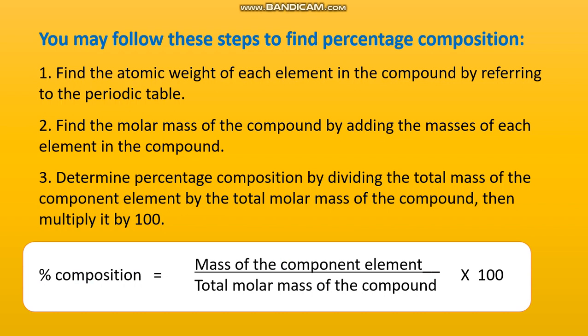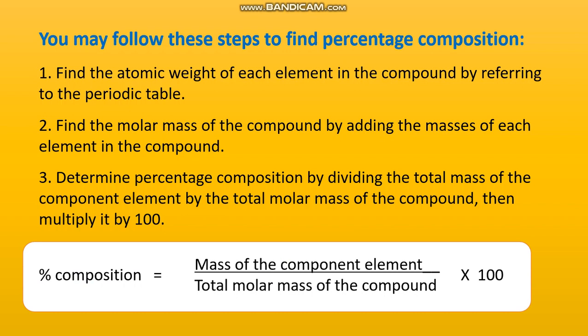Second, find the molar mass or the total mass of the compound by adding up the different masses of each element involved. And third, calculate the percentage composition by dividing the total mass of the component element by the total molar mass of the compound and then multiplying it by 100.